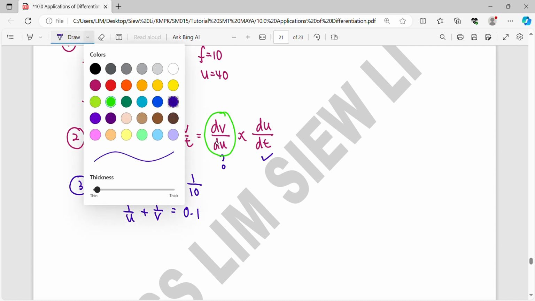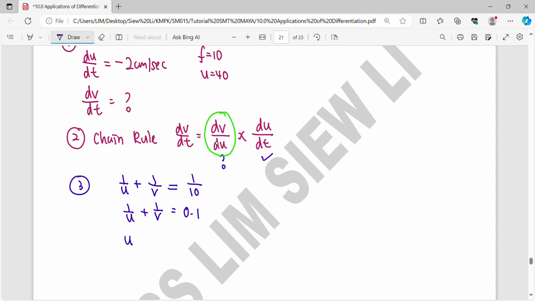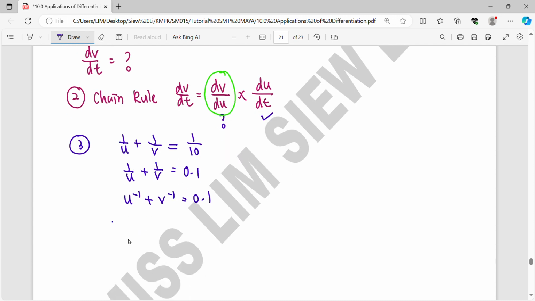Before we start differentiation, we rewrite this in power form. Differentiate with respect to u: the power moves to the front, then power minus 1. Then for v, we are doing this differentiation implicitly. The power moves to the front, power minus 1, and because of v, implicit differentiation gives dv du.